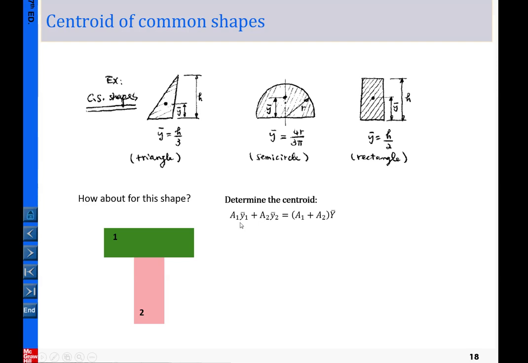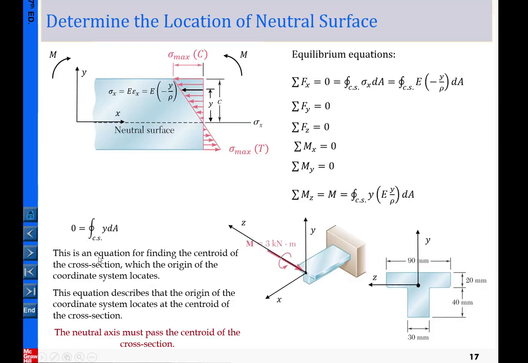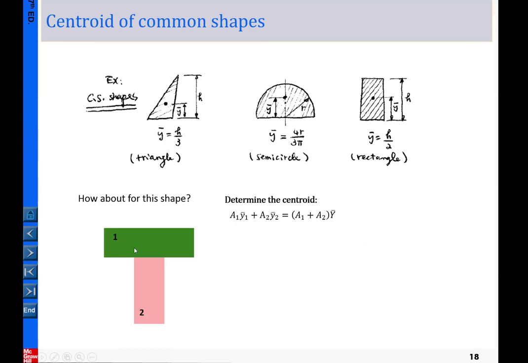Basically the centroid is determined using this formula, which can be a simple version for simple geometry. First, you decompose into simple shapes, for example 2 rectangles. Then you easily identify for each rectangle the geometric center, which is its centroid.